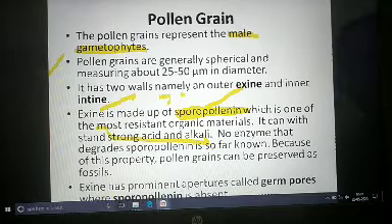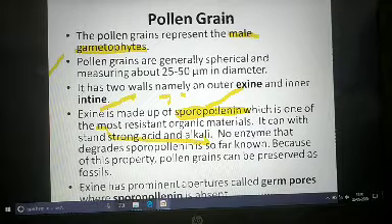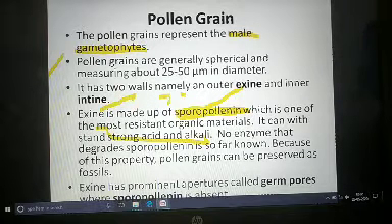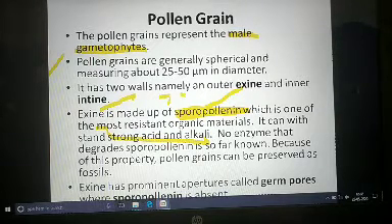And see, no enzyme that degrades sporopollenin is so far known. So none of the enzymes can degrade this. Because of this property, pollen grains can be preserved as fossils. So pollen grains can be kept for any number of years. Exine has prominent apertures called germ pores. Please remember this is very important.